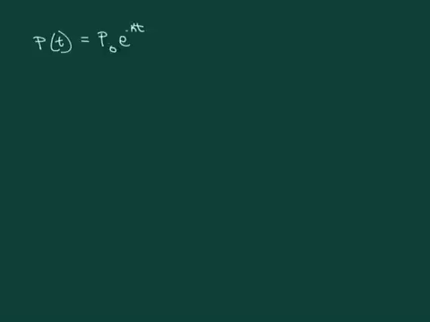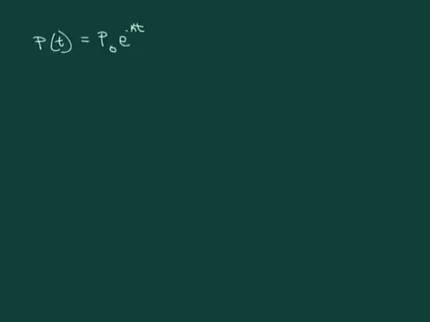So we take our formula. What we're going to do, first of all, is find out what k is first. Okay? So when t is 5,750, which is the half-life of carbon, P(t) will be half of P0.